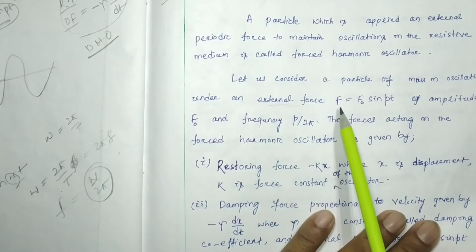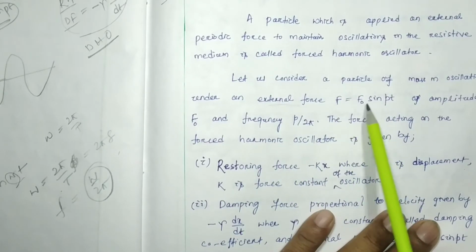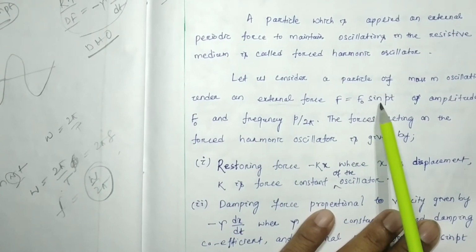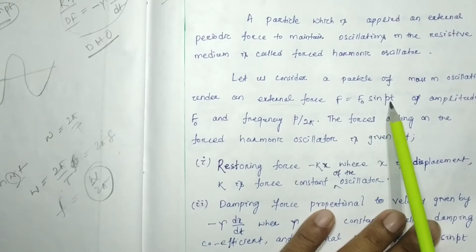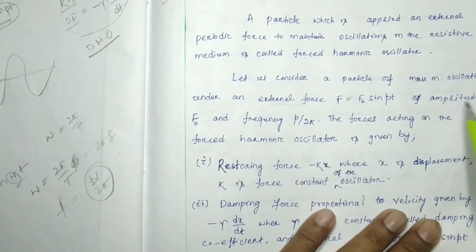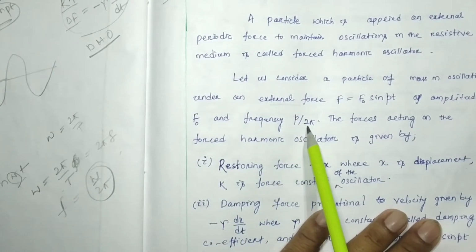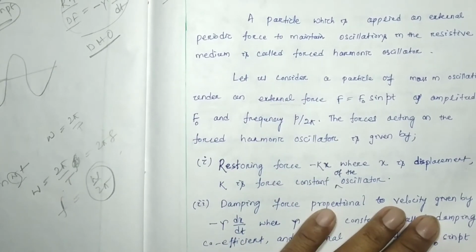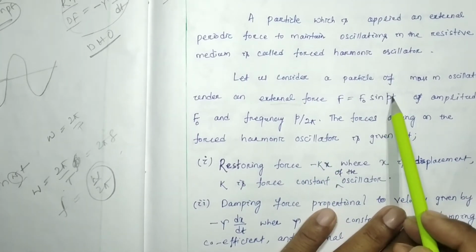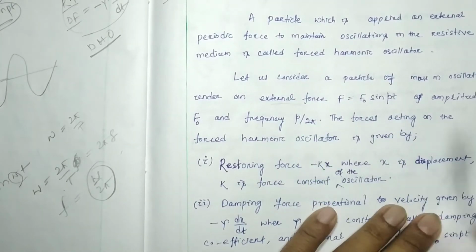External force is nothing but F equal to F0 periodic. It is sine function means periodic. Sine pt. Okay. And amplitude is nothing but F0 and frequency is p by 2 pi. Right? Or angular frequency is p. Only frequency is p by 2 pi.